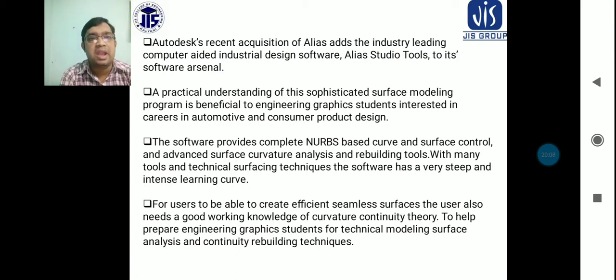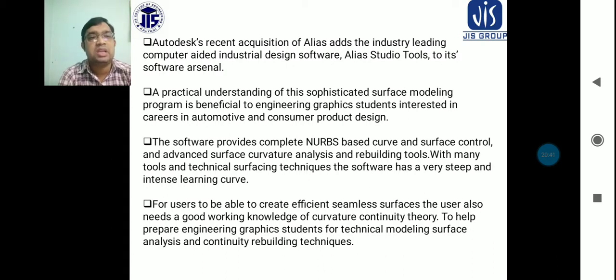With many tools and technical surfacing techniques, the software has a very steep and intense learning curve. For a user to be able to create efficient seamless surfaces, the user also needs a good working knowledge of curvature and continuity theory.